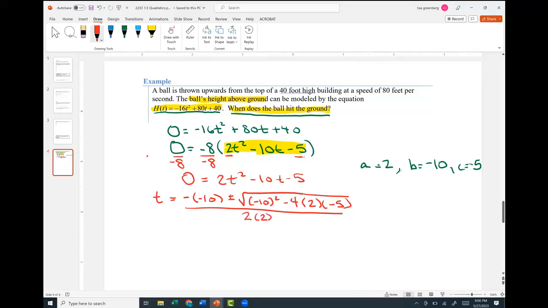And let's simplify it. We get 10 plus or minus the square root of minus 10 squared is 100. I have two negatives that are going to multiply together to give me a positive. 4 times 2 is 8. 8 times 5 is 40. So I'll get plus 40, divided by 4.